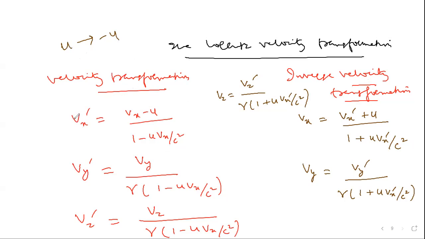For example, here we have Vx prime, we write instead Vx, and this unprimed we change to primed. We replace u by minus u, so it becomes plus. Same goes for the other equations.